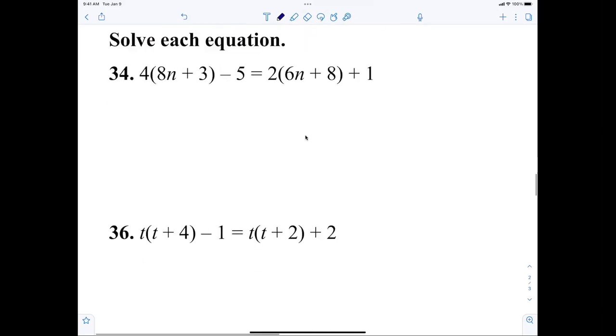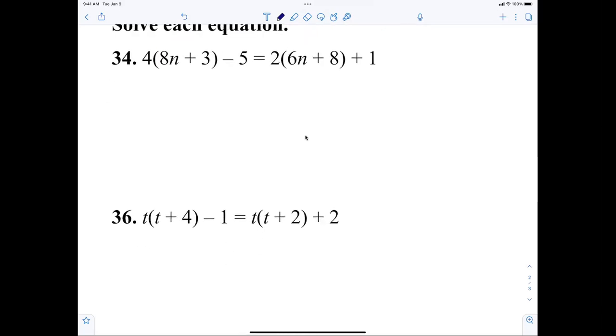All right, 34. Let's go. Negative 32, plus 12, minus 5 equals 12, plus 16 plus 1. And then we have to combine plus 2. No, the 2 is not distributed to the 1. Oh, yeah.